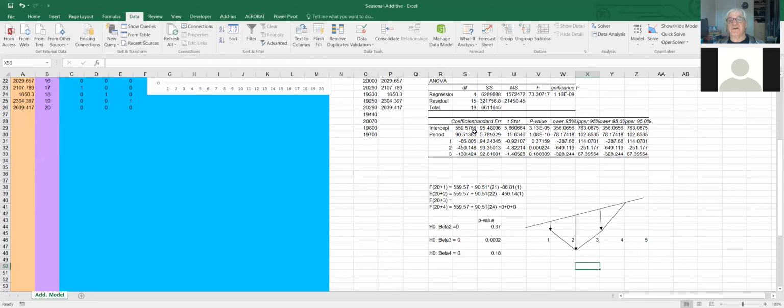So you have 559 plus 90.51 times 1, that's the trend line, minus 86, gives you this value. Same thing I'll do with time number 2. I'll put the trend line here, minus 450, and this will be minus 130, and this one will coincide with the trend line, because you don't need a seasonal adjustment here.